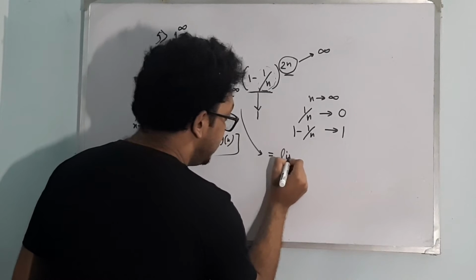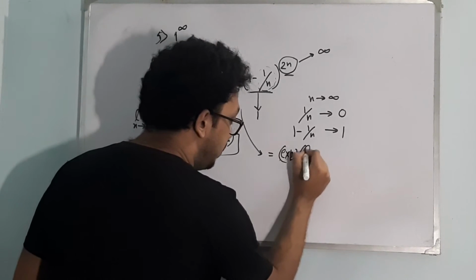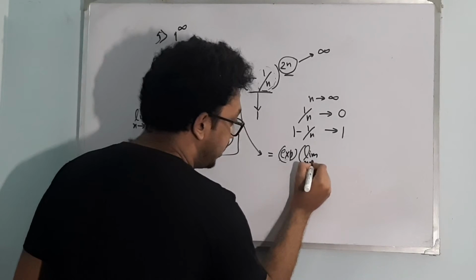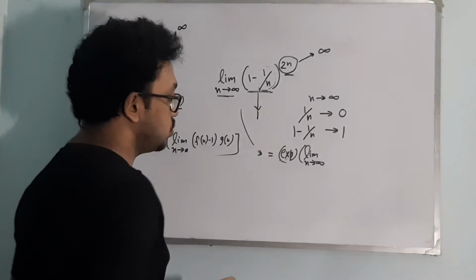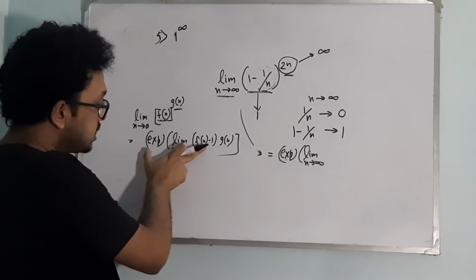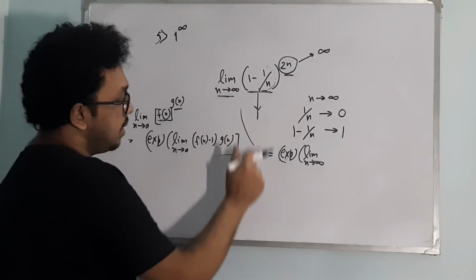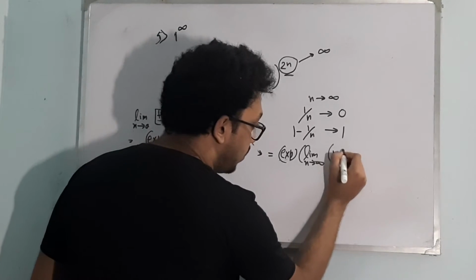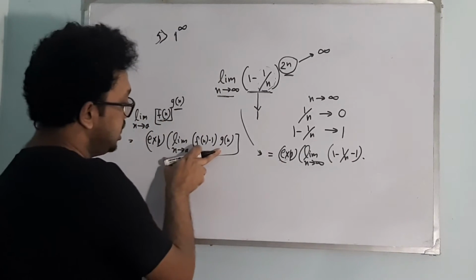So if I use this formula, in this case I am doing the second step here. I will have exponential of limit n tending to infinity. See, this was equivalent to f(x), this 1 minus 1 by n, and I have to subtract 1 from f(x). So if I subtract 1 from 1 minus 1 by n, I will have 1 minus 1 by n minus 1, multiplied by g(x).